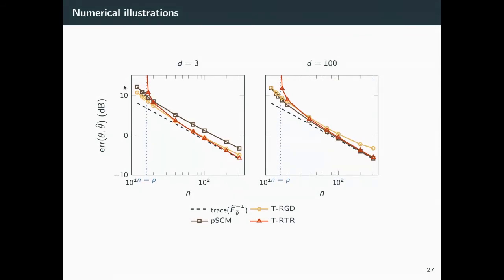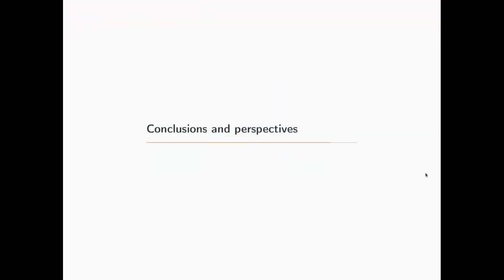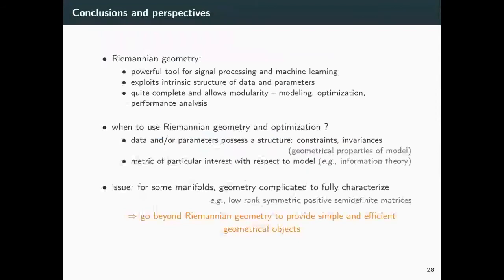So Tyler reached the bound, and in the almost Gaussian case, the projected sample covariance matrix gives the best result. So that will be all, and now I will give you some conclusions and perspectives.